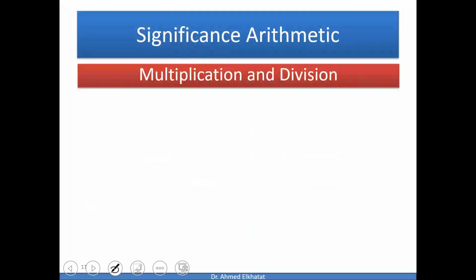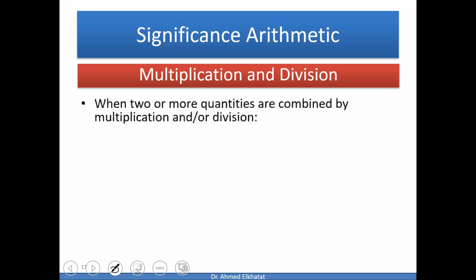Okay, so now if you have 2 or 3 different scientific notations or significant figures, and you want to do calculation, like you want to plus or minus or multiply or divide, so how to make it with different scientific notation or different significant figures.